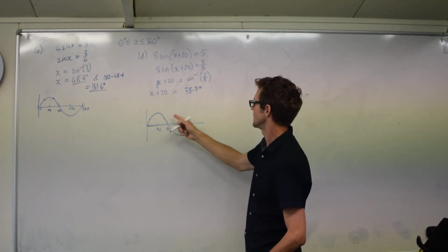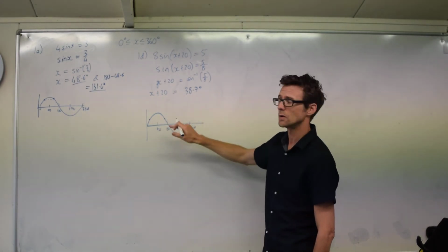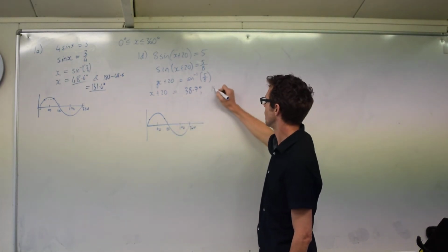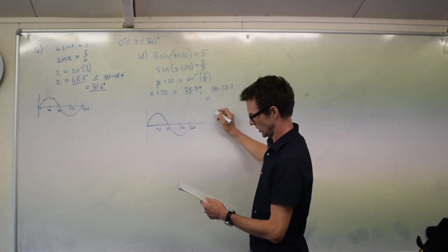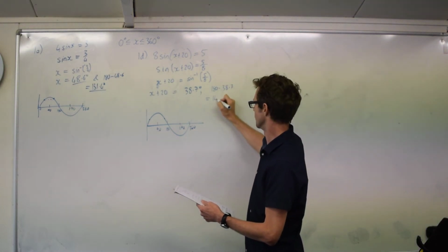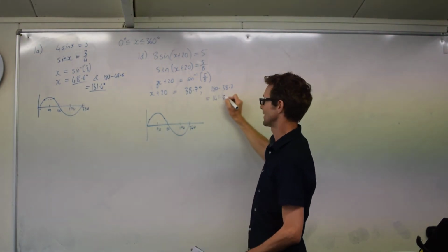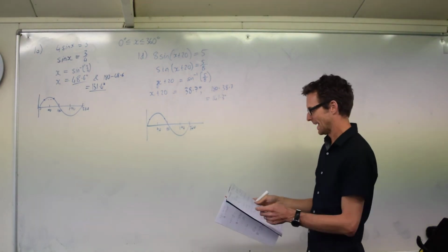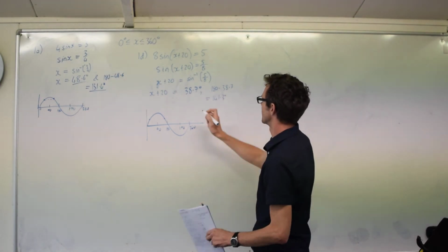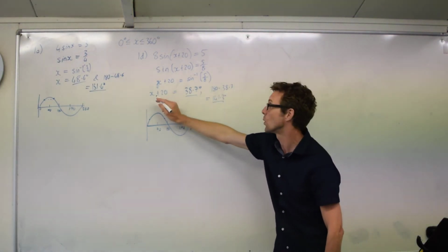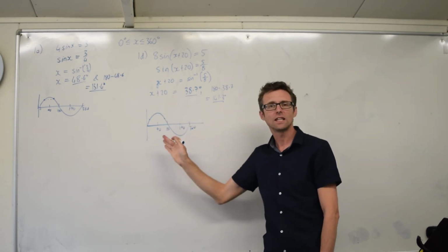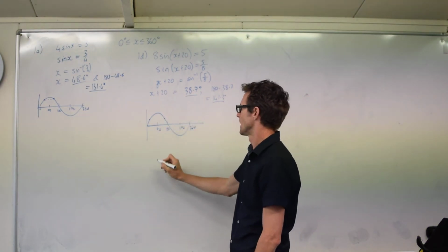Again, by symmetry, the other value is going to be 180 minus 38.7, which comes to 141.3. Hopefully I have done this correctly in my prep, it's actually quite hard to think in front of a video. Those are our two values for x plus 20. Final step, we want to get x by itself.